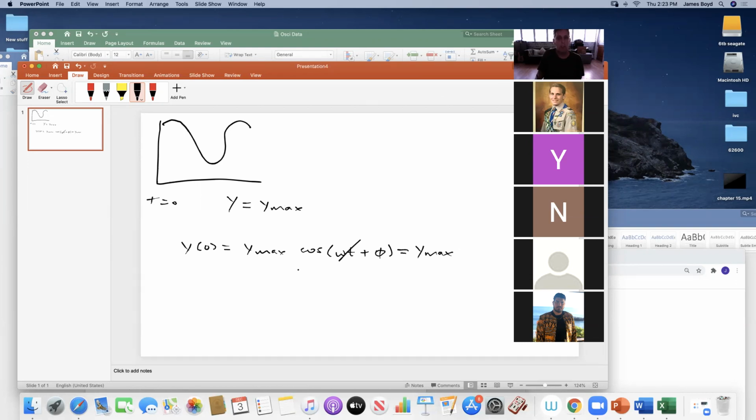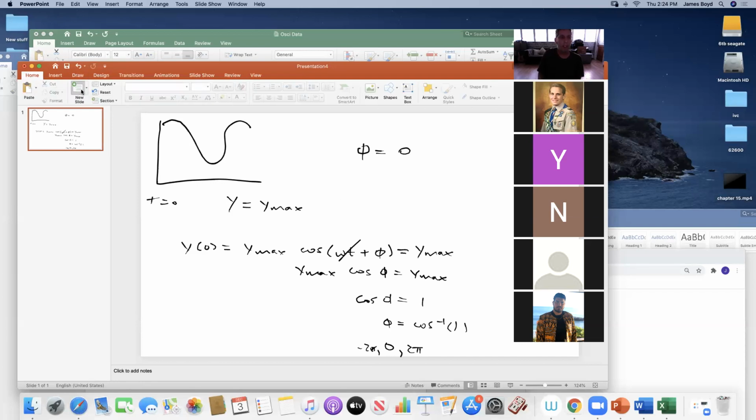Since this is 0, we really get y max cos phi is equal to y max. Divide through by y max, you get cos phi is equal to 1, or phi is equal to arc cos of 1. Well, when cosine is 1, the angle is either 0 or 2 pi, but we're going to choose the smallest angle. It could also be negative 2 pi, and I know that's not super important. But so our phase angle phi is 0 for our function.